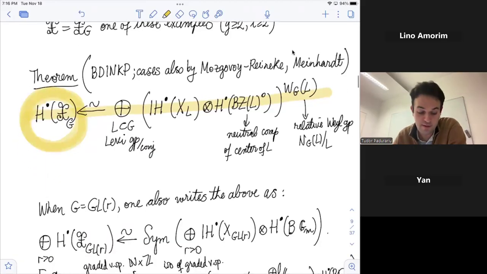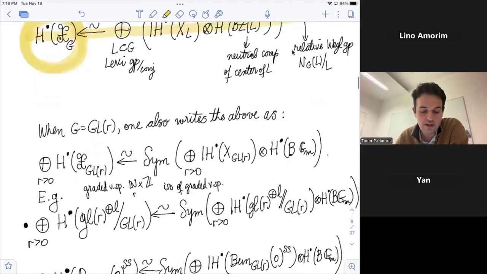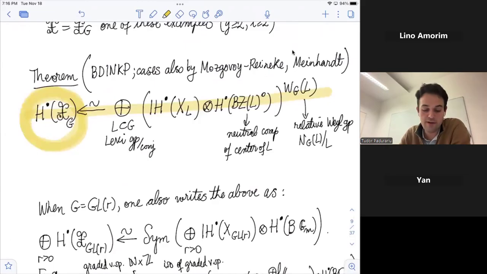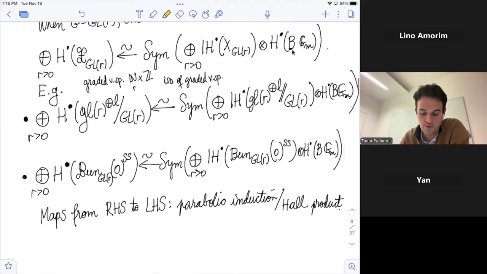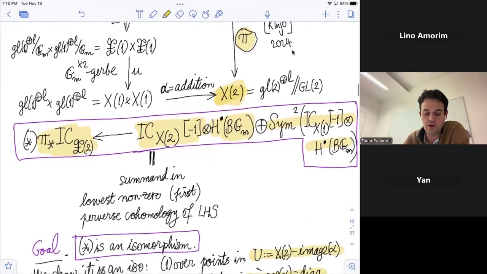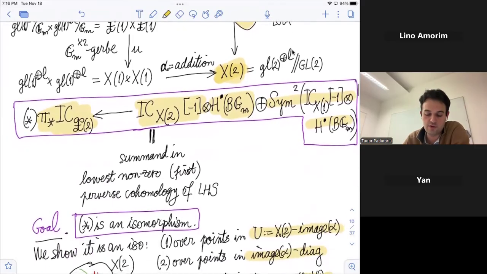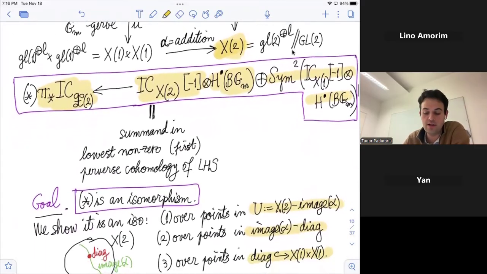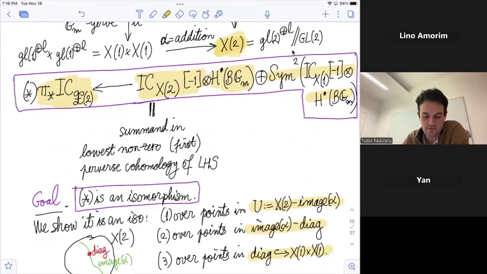But the idea of Davison and Meinhardt was, instead of proving this theorem directly as I wrote it, to prove it locally on X2 as some isomorphism analogous to star. Then if you have such a statement, you can either push forward to a point and get the previous theorem, or here you can introduce a vanishing cycle for a potential, the trace of a potential, and obtain the statement for a quiver with potential.